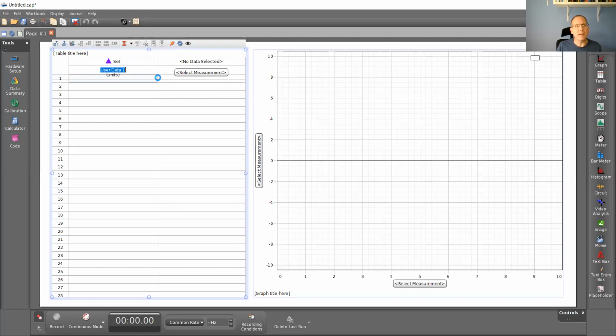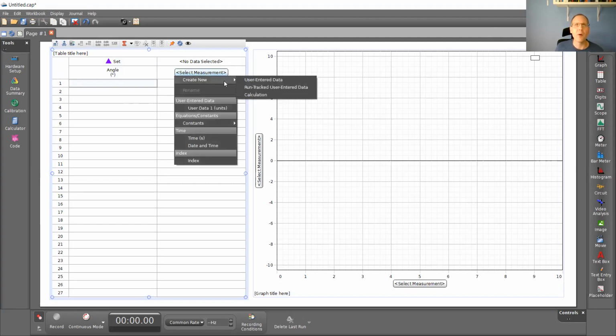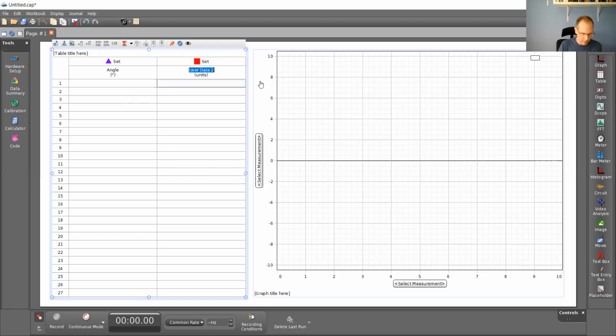For the units, you can type out degrees, or hold the Alt key and type 2, 4, 8 on the numpad, and it'll give you a degree symbol. Writing degrees is fine as well. And for the y, we want range, which is really your average range, and units are centimeters.